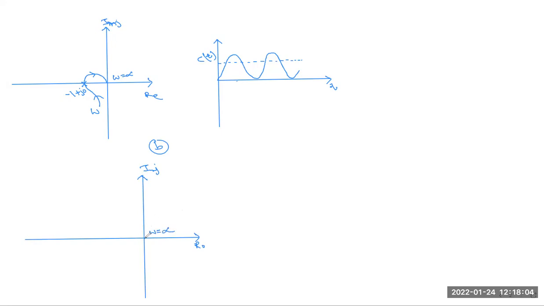So here you can see something like that. This is basically the point of -1 plus j0, and where the point is located, that is the outer side of the region. That means K is greater than 1 by T1 plus 1 by T2. Okay, so then the system is called the unstable format.